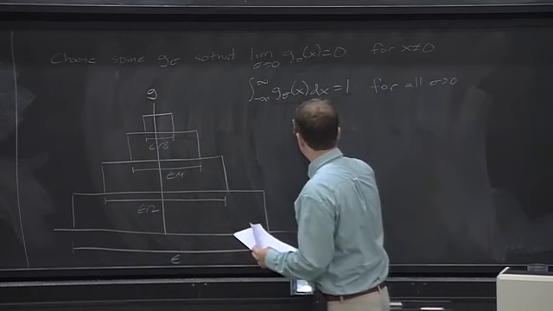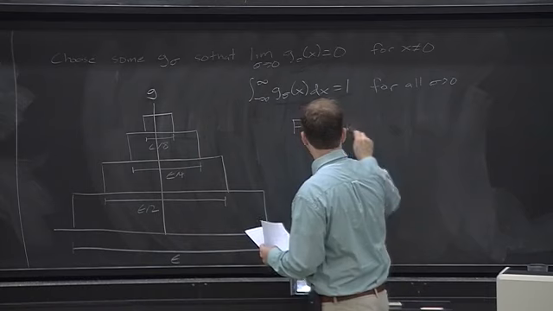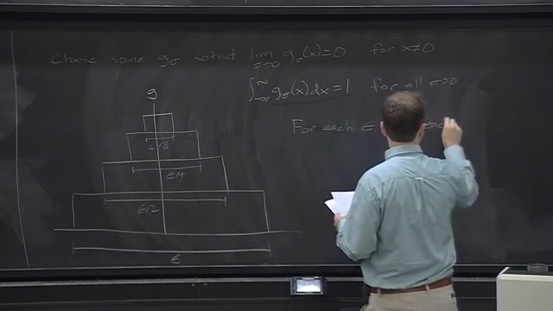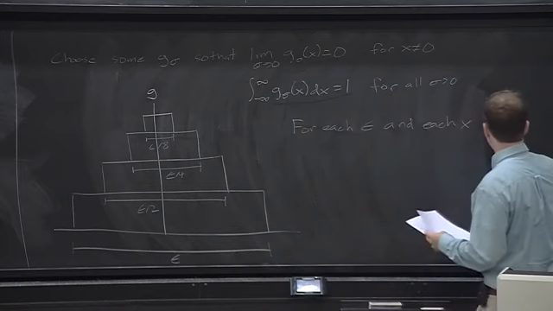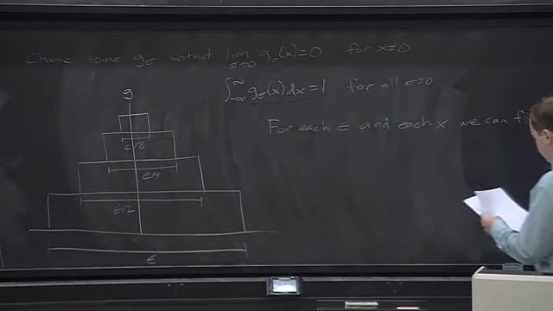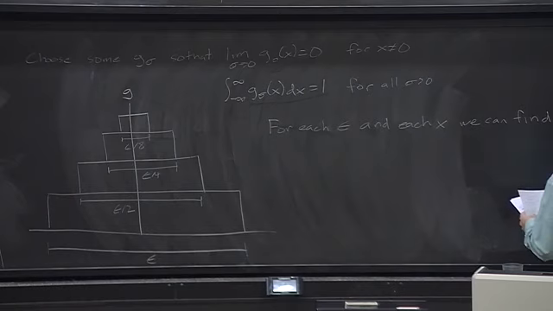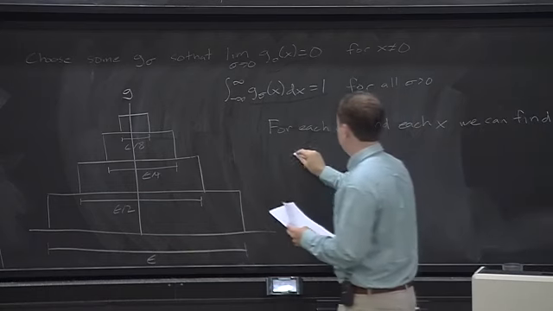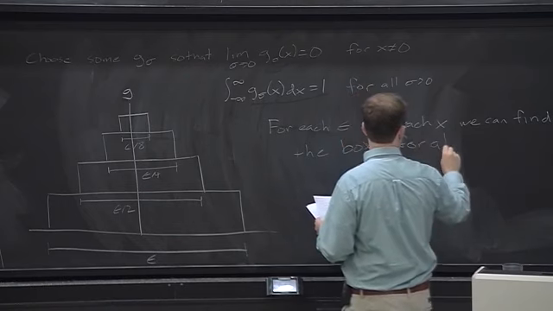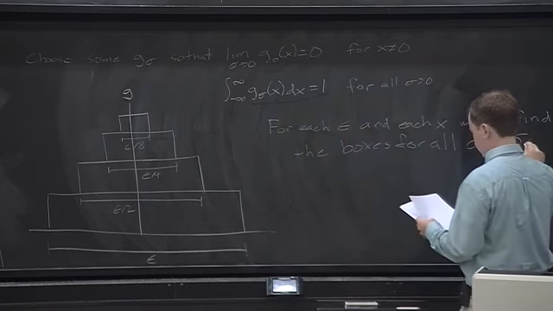And so for each epsilon and each x, we can find a sigma naught so that d sigma of x lies inside the boxes for all sigma less than sigma naught.